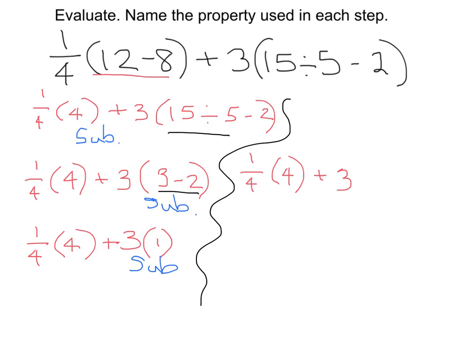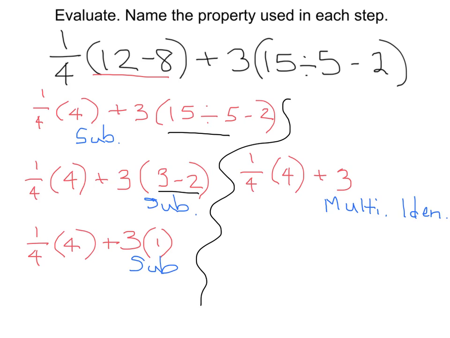Now, we know that 3 times 1 is 3, and any number times 1 is that number, and that property is the multiplicative identity. So we can just abbreviate with multi-identity.